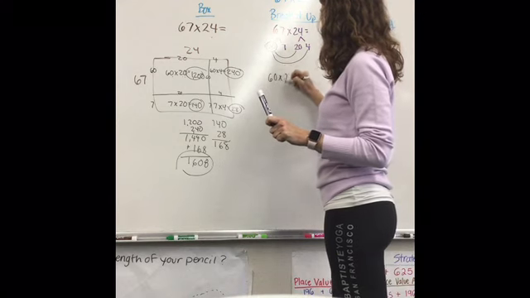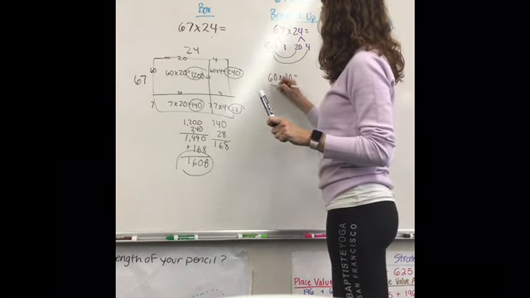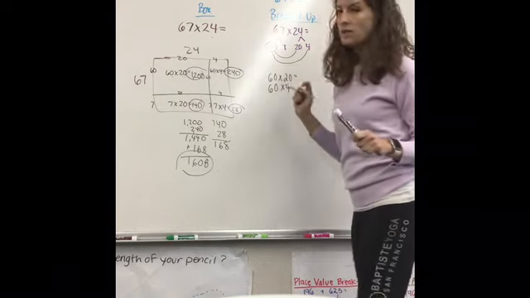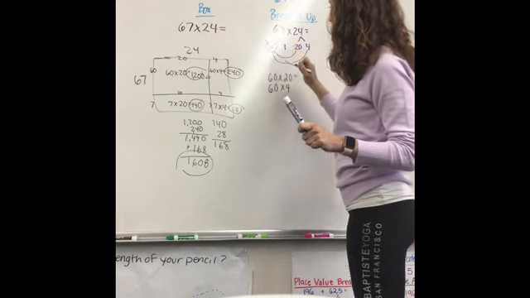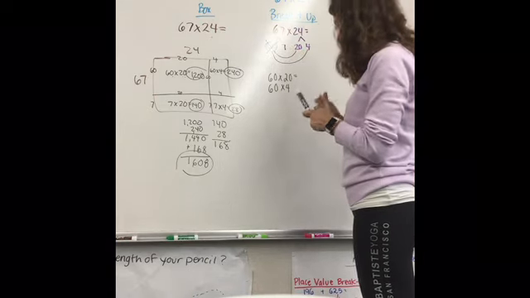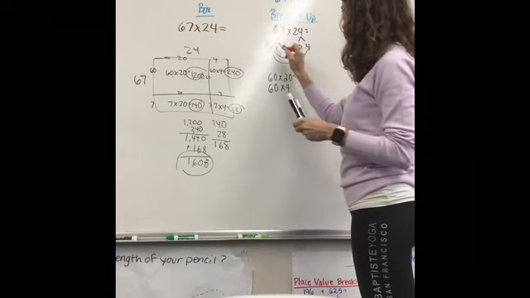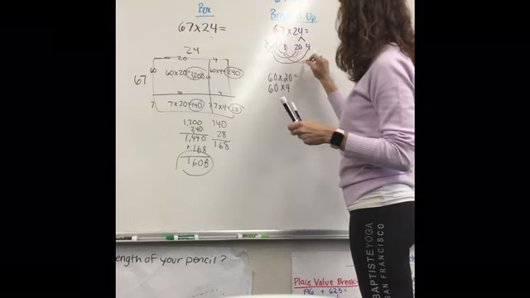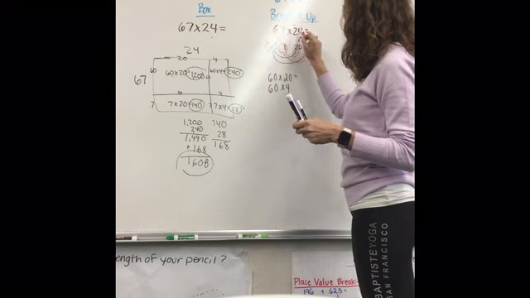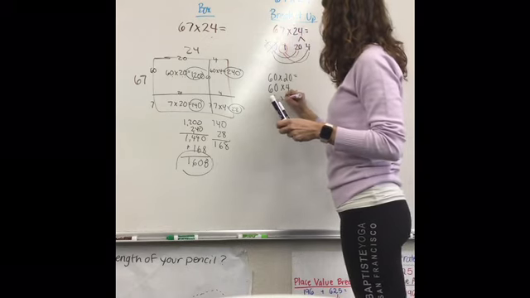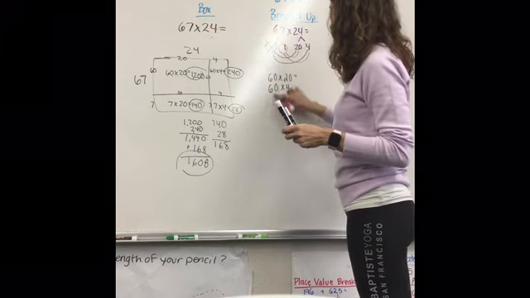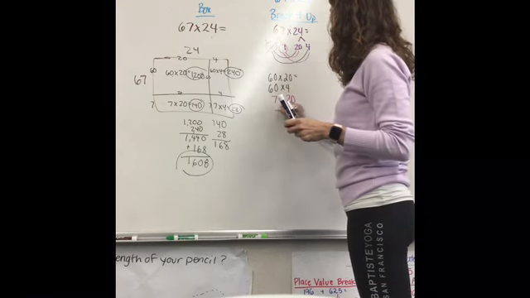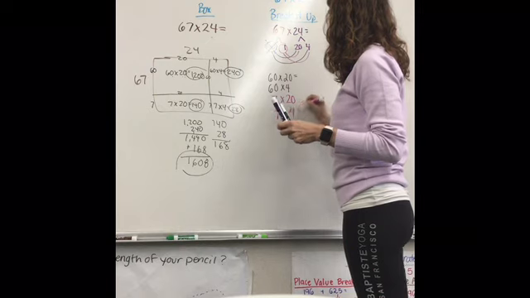60 times 20, 60 times 4. Okay, I finished with that one, so I like to cross it out so I don't get confused. And now I'm going to do 7, because I have to do the other part of this number, times 20 and 7 times 4, because it's still multiplying against that number. 7 times 20, 7 times 4.